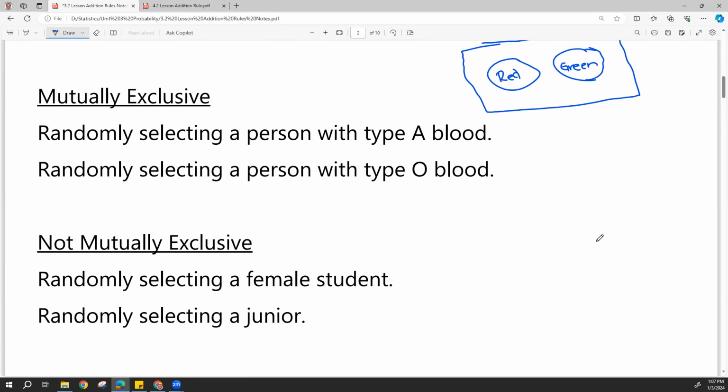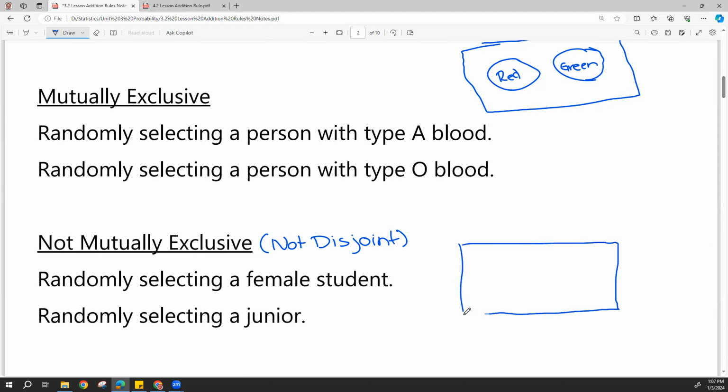Events that are not mutually exclusive are not disjoint. That's where we have the Venn diagram, and please pardon my poor drawing using my tablet, where we have the circles that overlap. So if we randomly selected a student from this school that was female and randomly selecting a junior, there is some possibility of overlap there, the students who are female and juniors.